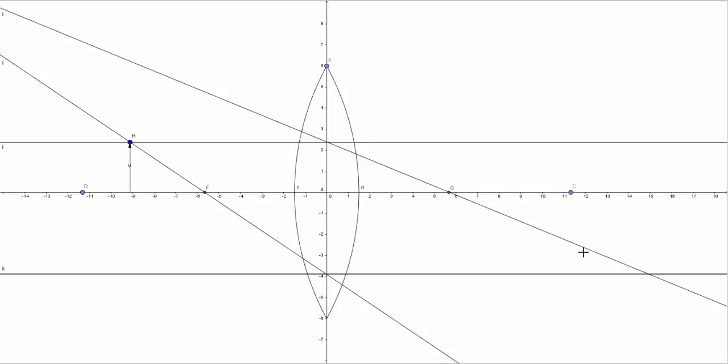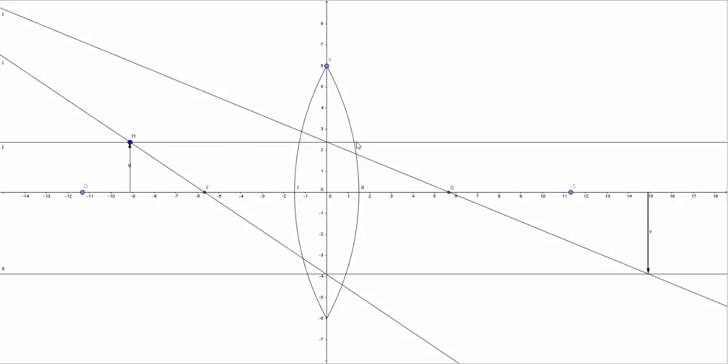Both of them get focused down, and the place that they intersect is again where the image is going to be formed. And so you can see that I've created this vector v here, and that is the place of the image formed.